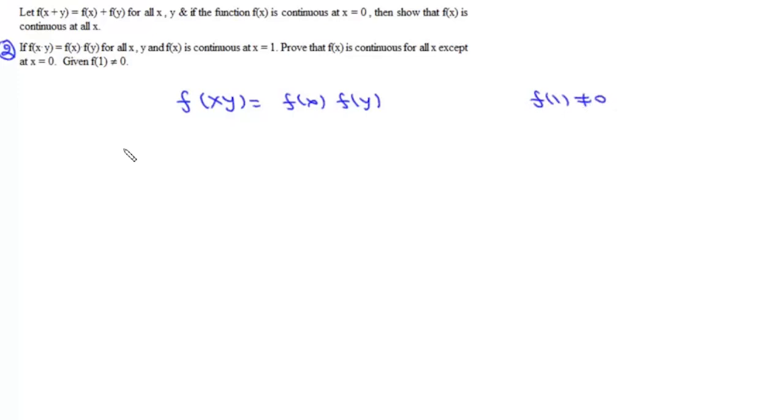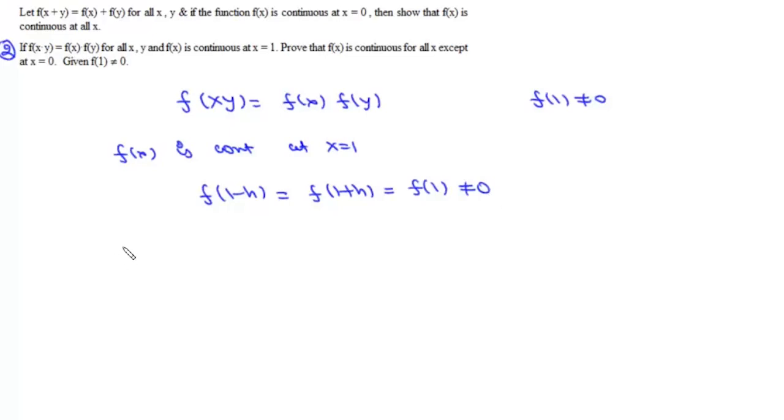Now it says fx is continuous at x equals 1. That means f1 minus h will be equal to f1 plus h, and they'll be equal to f1, and none of it is equal to 0.